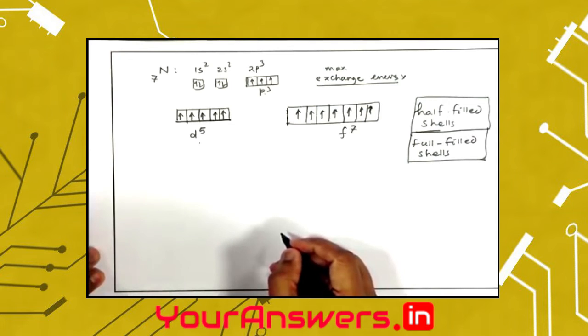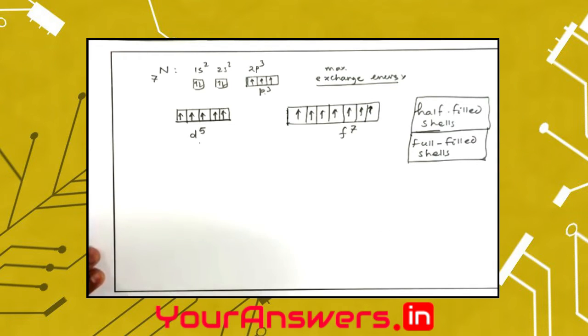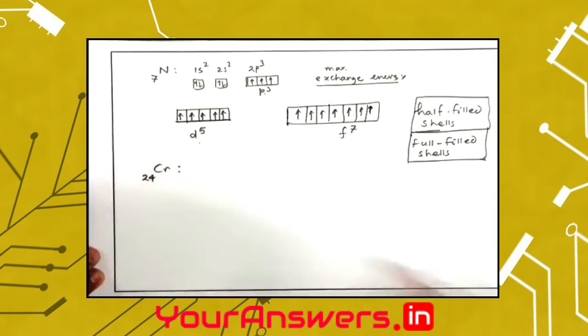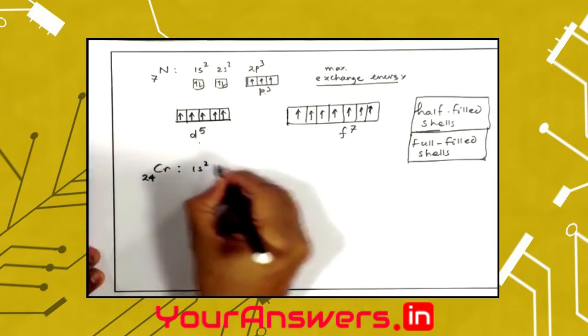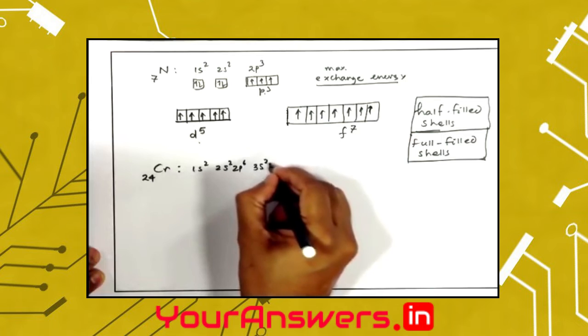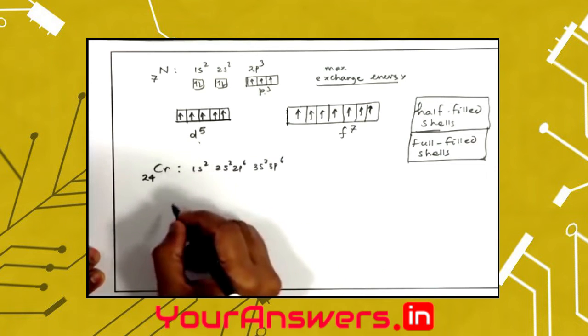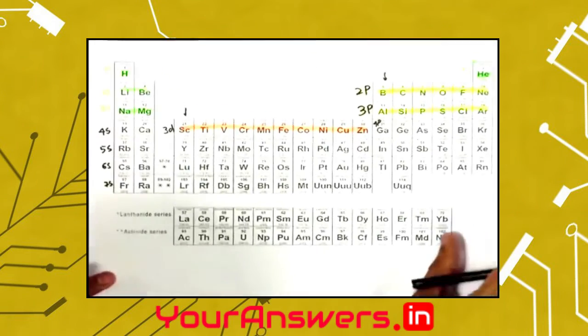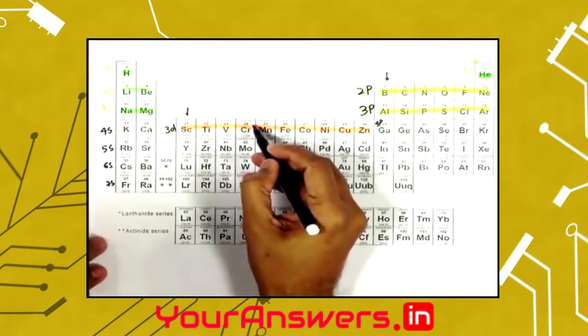We'll now take up 2 more examples. The first example is chromium. We have 24 electrons in chromium. So for chromium, I can write 1s2, 2s2, 2p6, 3s2, 3p6. Chromium appears here in this place.